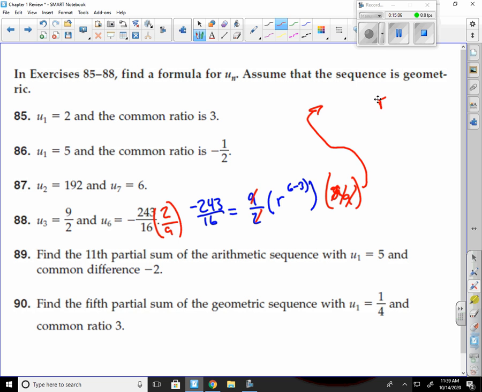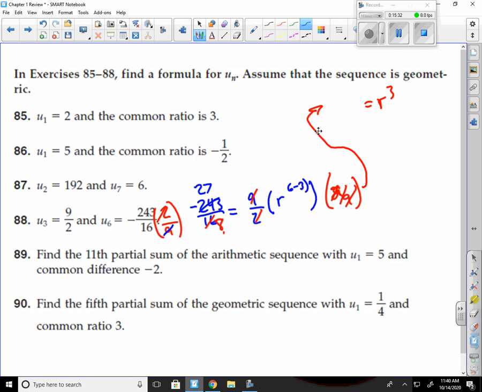On the right side, I'll have r to the third. On the left side, it becomes 8. Nine does go into 243. So that's going to be 27.